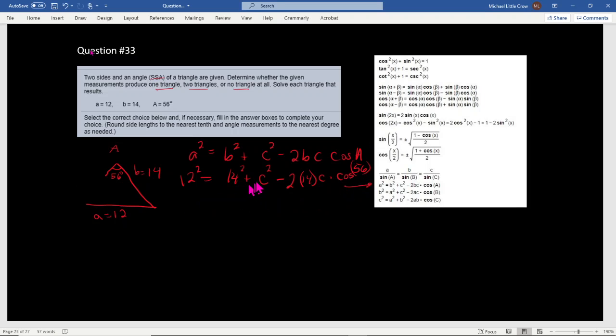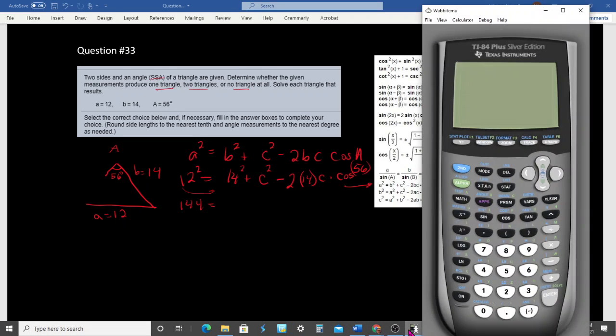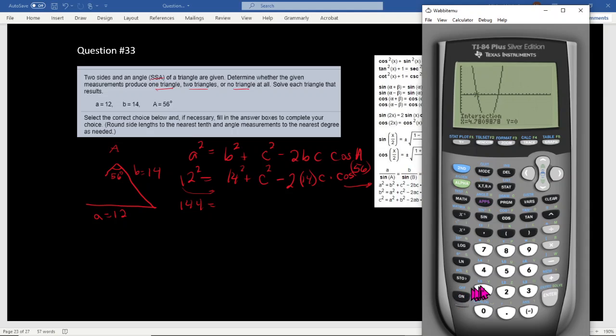Since we're going to have a quadratic, we'll put in x. Let's do all our numbers. Let's move this over by subtracting it eventually. So we've got 144. 14 squared is, we're going to need our calculator anyway. 196, yeah, that was it.